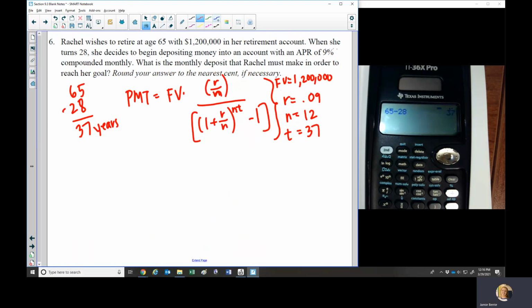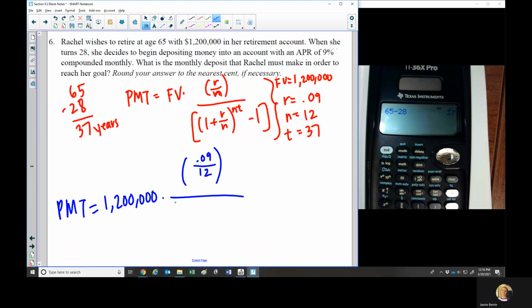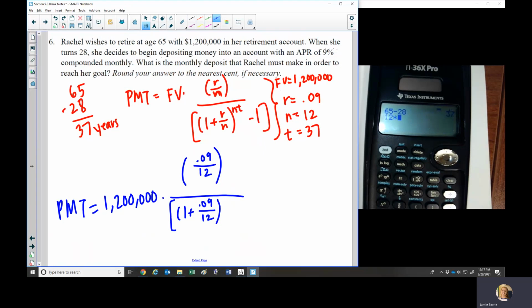All right, so let's plug all these numbers in. So we have payment equals $1,200,000 times R over N, so that's 0.09 over 12, divided by 1 plus 0.09 over 12, raised to the N times T. So N times T, that's 12 times 37, which is 444.